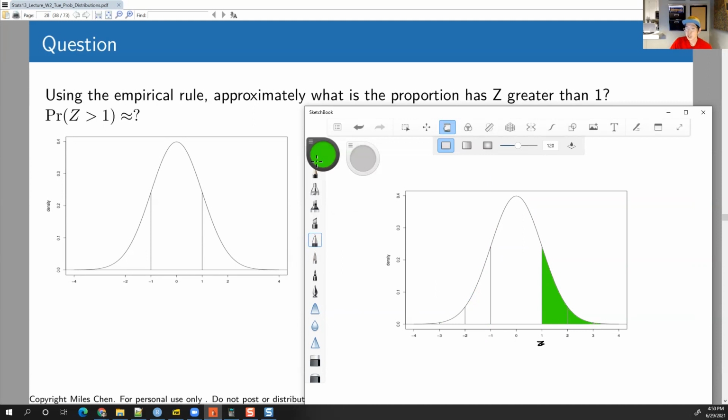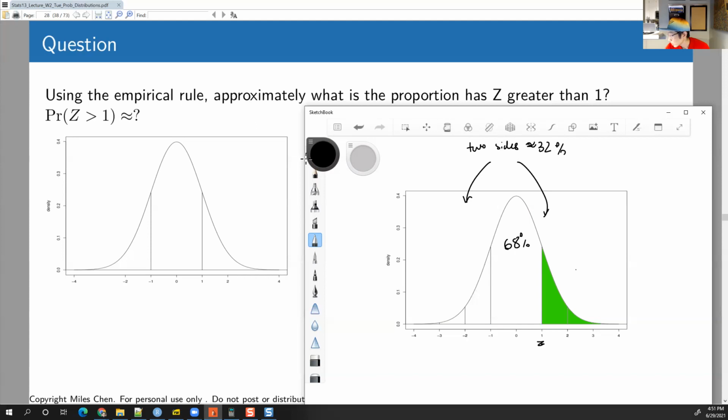So how much have I shaded in here, approximately? What do you guys think? Allison says around 16%. And yes, I would agree, because based on the empirical rule, we have around 68% here, which means the two sides in total would equal around 32%.